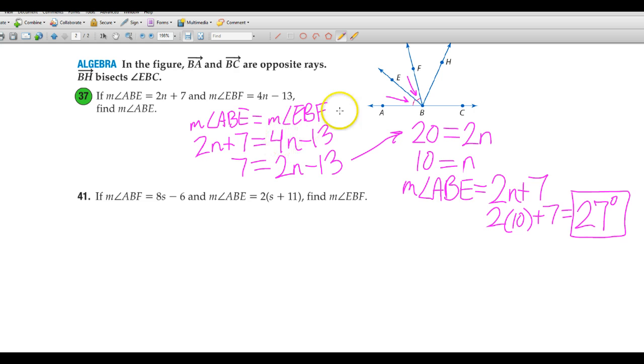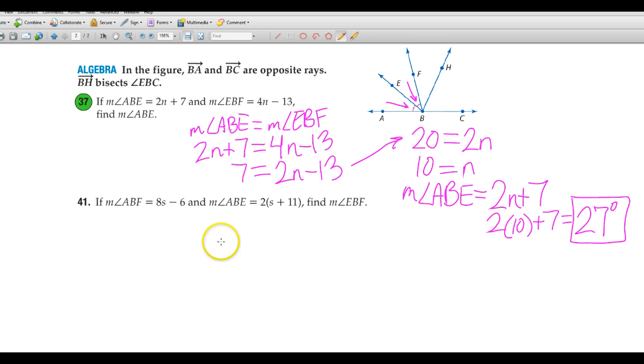Number 41. Measure of angle ABF is 8s minus 6 and ABE is 2 times the quantity s plus 11. Find the measure of angle EBF. Alright, so ABF would consist of ABE and EBF, which we know are congruent.